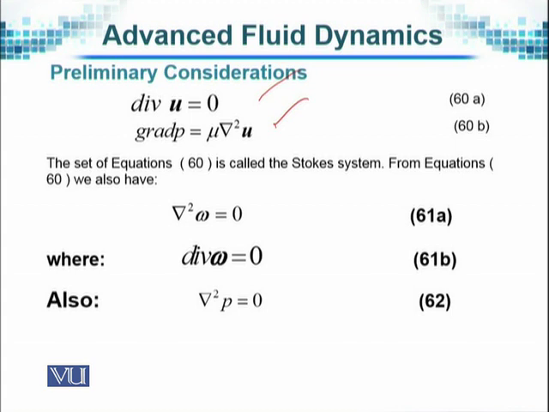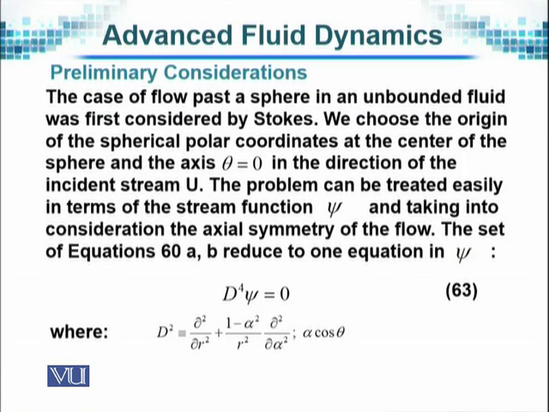And if we replace u by the vorticity term omega, the equation will reduce to these equations, and the pressure term will satisfy del square P equal to 0.